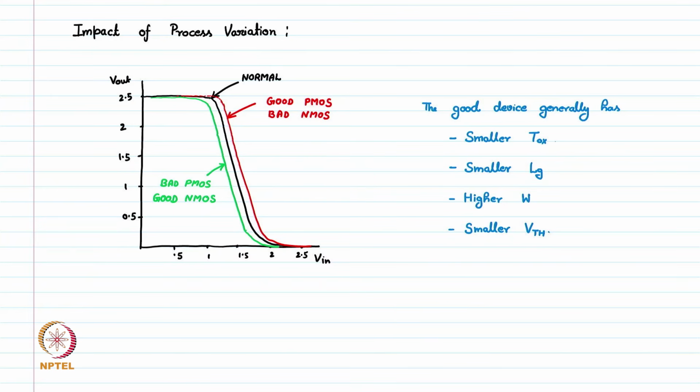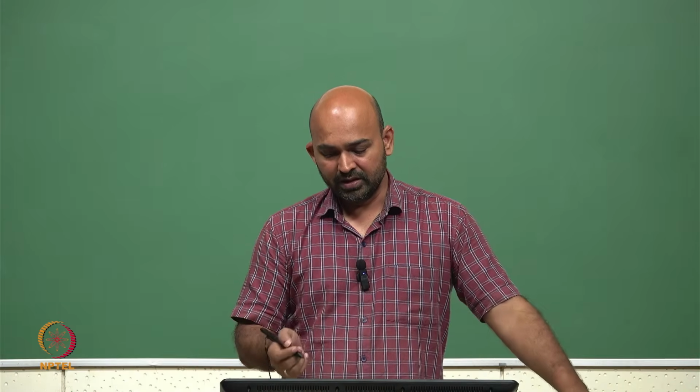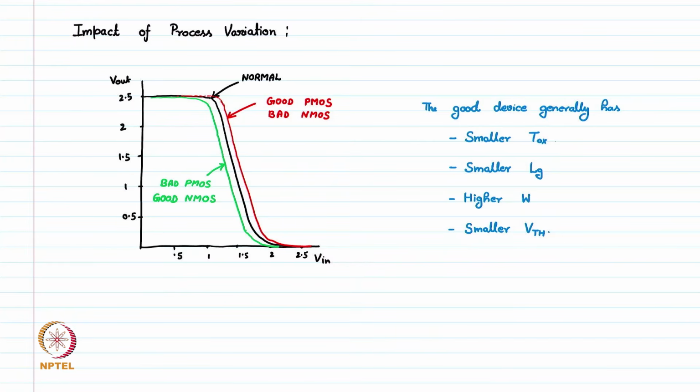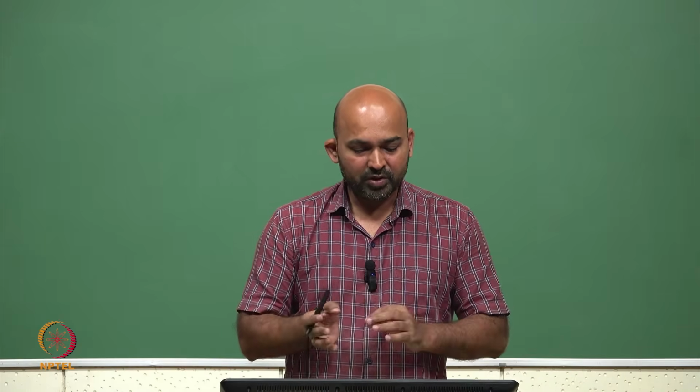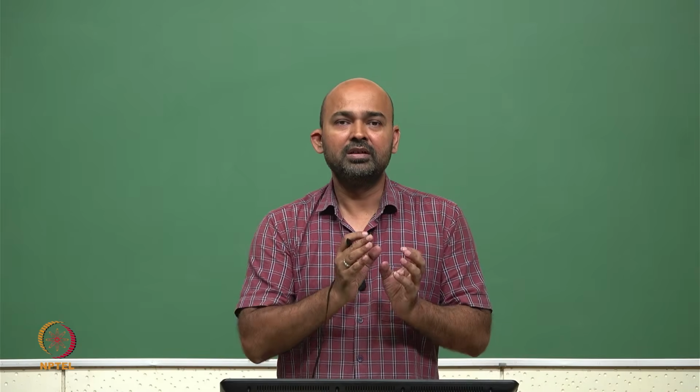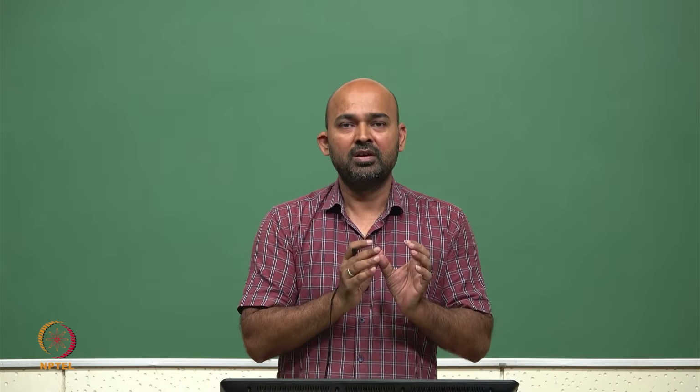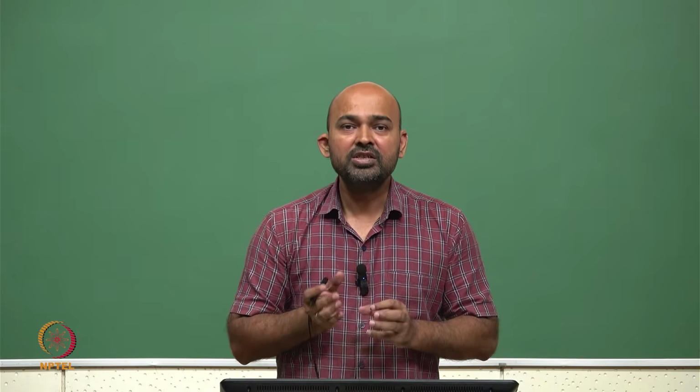Similarly, if the VT, the threshold voltage of the MOSFET, is lower, then also the current will be higher. So, if we have smaller VTH, then also our MOSFET will be faster, or we can say this is a good device. So, depending upon process variation, now the performance of the circuit is changing.